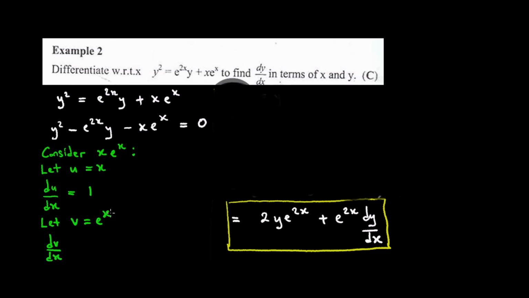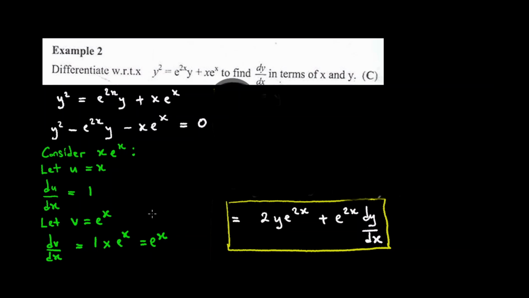Muona notation kukosha kwa yakaita differential notation. Saka dv dx is equal to derivative ya x anova power ndi 1. Saka it ngori 1 times original, which is e to the x, kurao to the derivative of e to the x ngori equal to e to the x, like this.